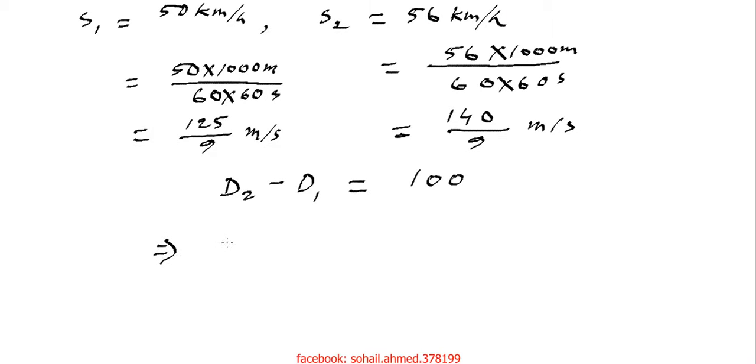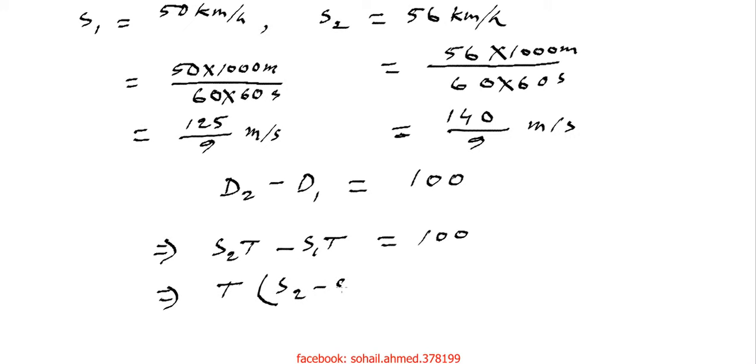So this will be s2 t minus s1 t equals 100. Or we better take t common, then it will be t times (s2 minus s1) equals 100.